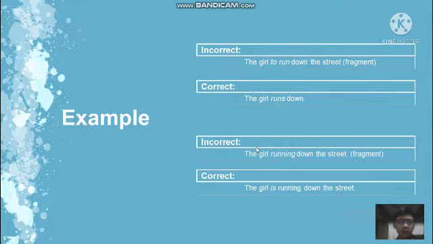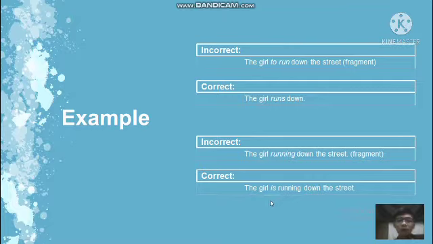So let's proceed. The girl running down the street is another fragment. The correct one will be the girl is running down the street. The word is here is a copular verb, what is known as a state of being verb.